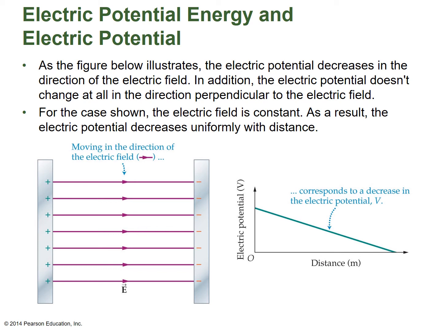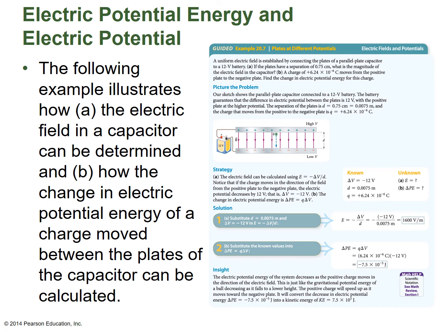So we have a linear relationship between electric potential and distance, and this linear relationship has a negative slope. Let us here see some examples that illustrate the relationship between electric potential energy and electric potential.